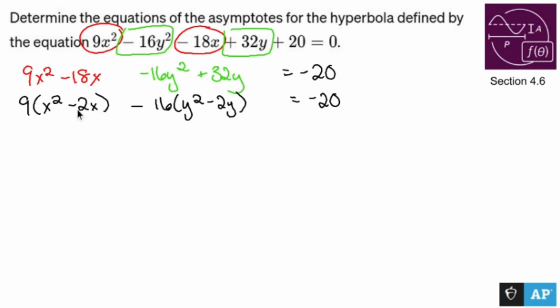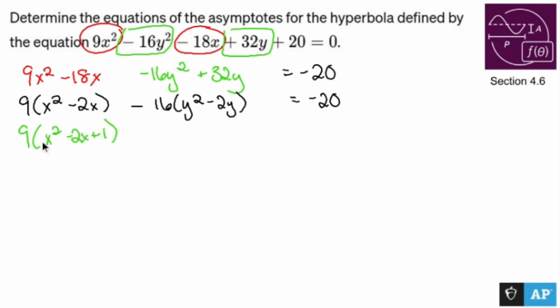So I take the number in front of x, take half of it, square that, and add that to both sides. If I take half of negative 2, which is negative 1, square that, which is 1, and add that to both sides, I'm adding 9 to both sides.